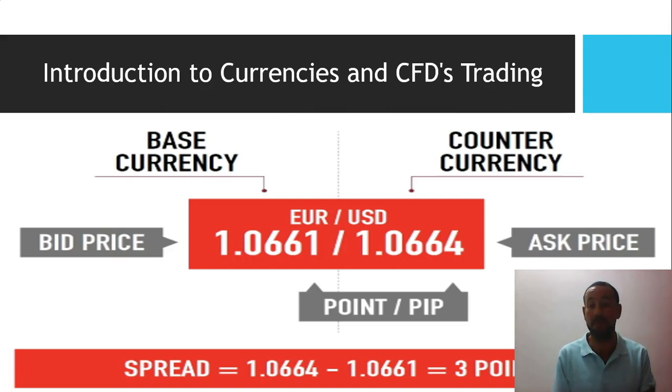This would be the bid price. In this example here, that would be 106.61. That's going to be your selling price in case you want to short the euro dollar, right? In case you want to close a buy position. This is the price you will be getting.